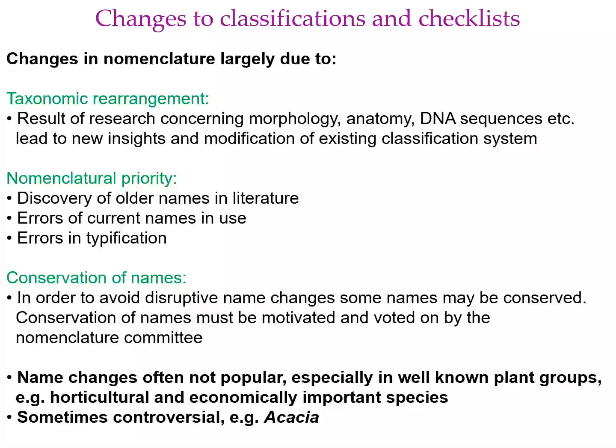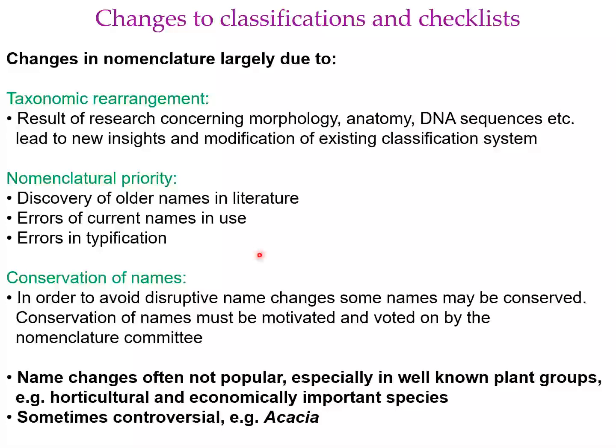Sometimes the nomenclature of things is wrong, and we discover older names, and in that case we have to then correct these errors, or there are errors in the typification of names. So there can be various reasons for nomenclatural priority to come in.